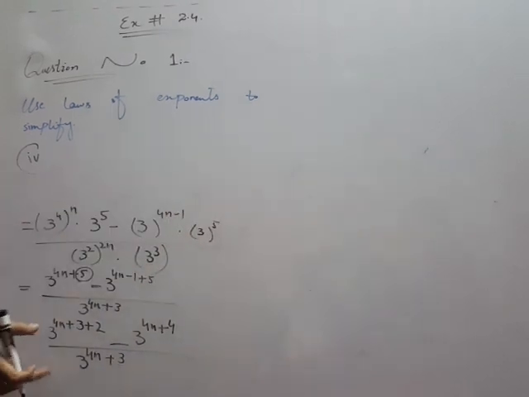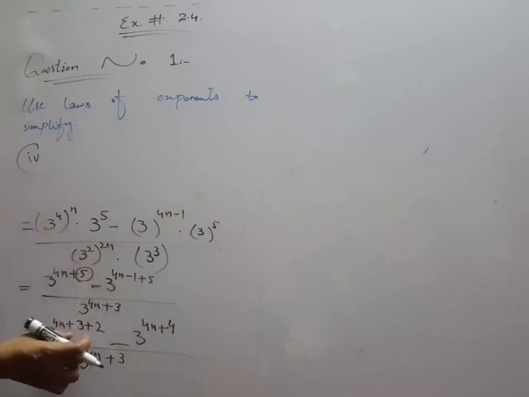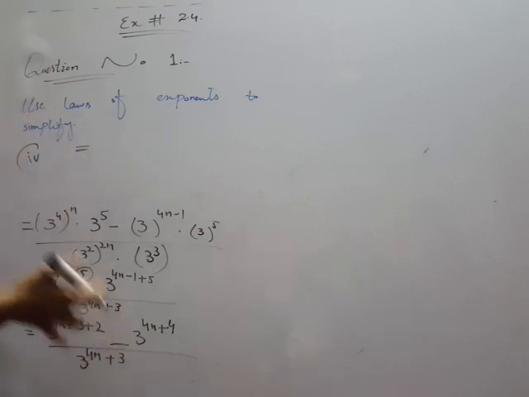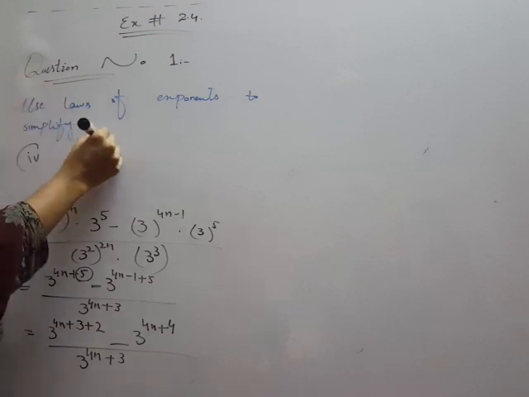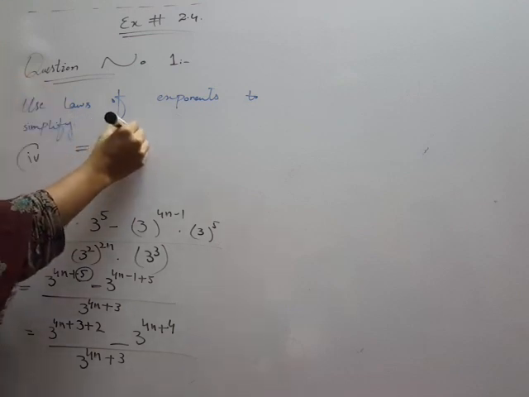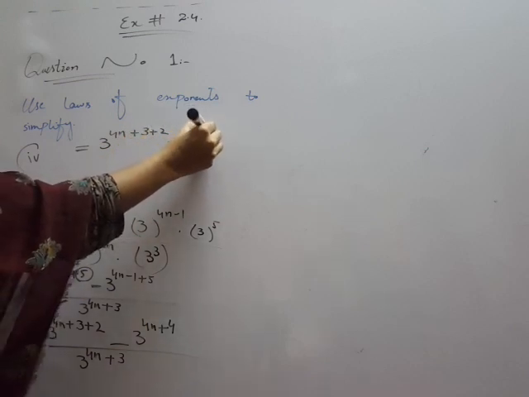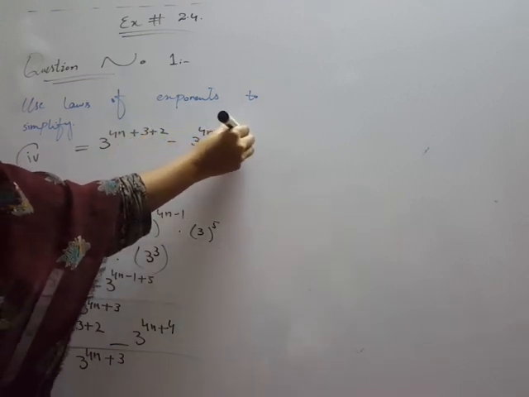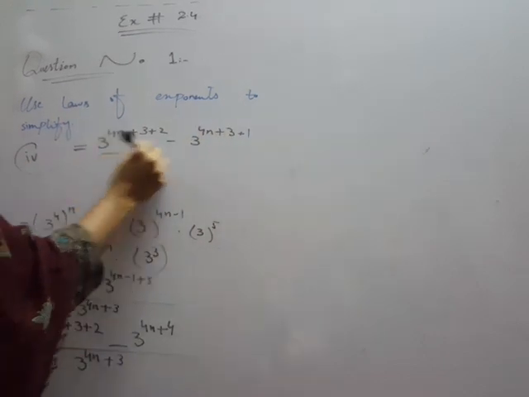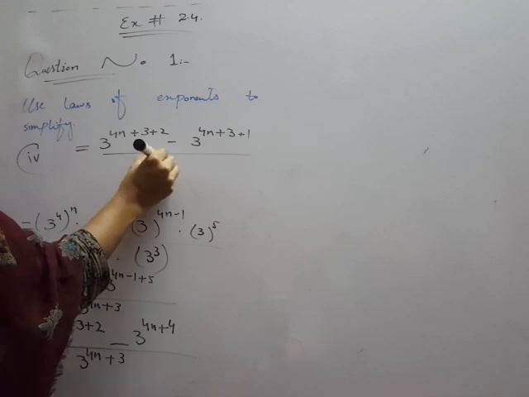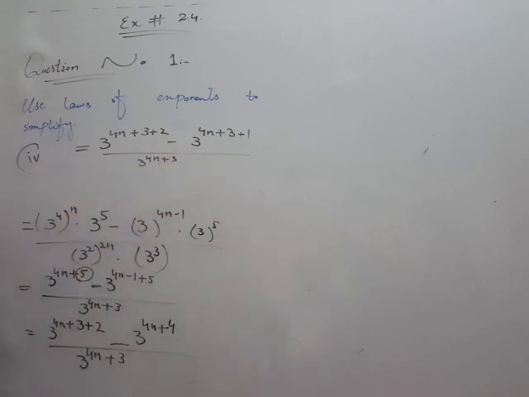Here the smallest power is 3 raised to power 4n plus 3. That's why I can write 4n plus 3 plus 2. Okay, because I want to separate these powers. So it will become 3 raised to power 4n plus 3 plus 2 minus 3 raised to power 4n plus 3 plus 1, divided by 3 raised to power 4n plus 3.